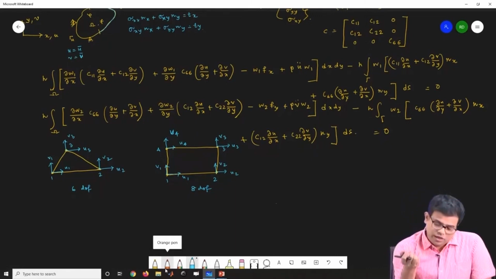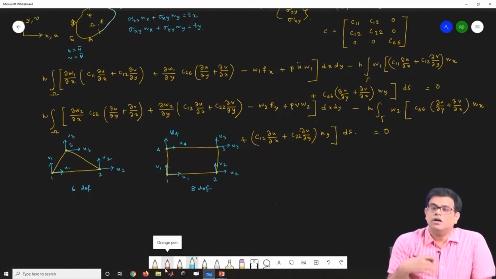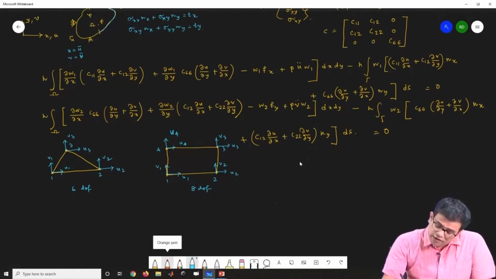Now the interesting thing is that it depends on the shape functions. Our shape functions depend on the number of elements and number of degrees of freedom. For any rectangle or triangle, I can write my shape functions as summation of j equals 1 to n, phi j uj.